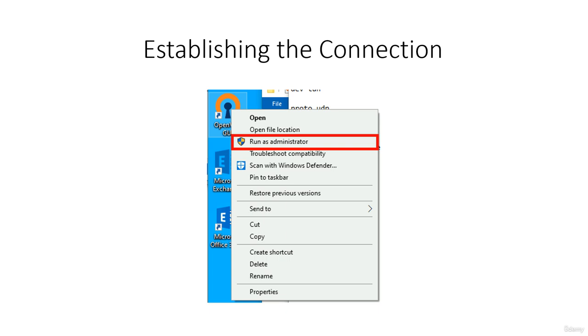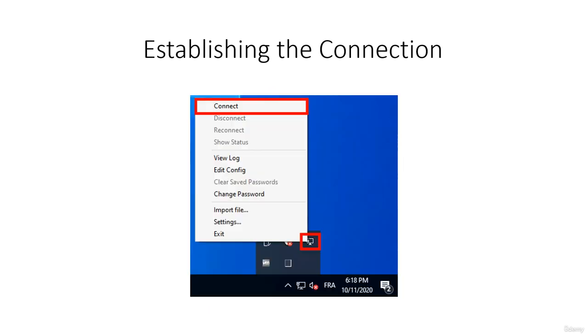After clicking run as administrator, it will open an icon in your taskbar. Right click on this button, which is the computer icon, and click connect.